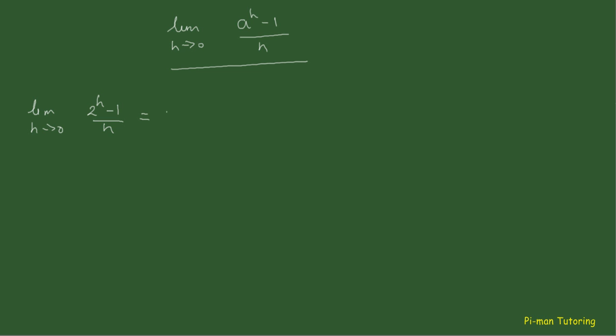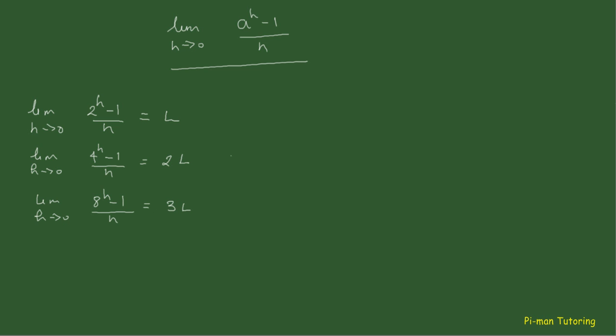Let's just call that for now the number L. We have found that the limit as h tends to 0 of 4 to the h minus 1 over h comes out to be 2 lots of L. And the limit as h tends to 0 of 8 to the h minus 1 over h appears to be 3 lots of L.